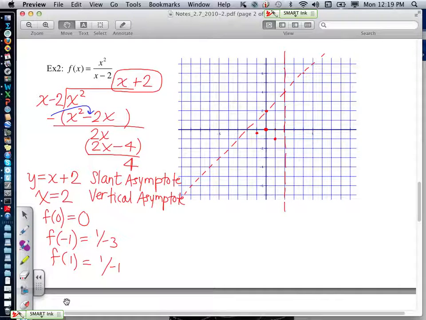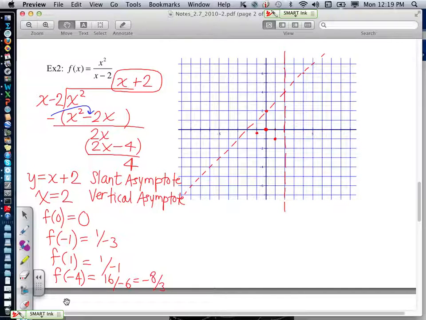So right now I have these 3 little points. Maybe I'll go way out here, like negative 4, just to get a better sense of it. When x is negative 4, I have 16 over negative 6, and that's the same thing as negative 8/3.